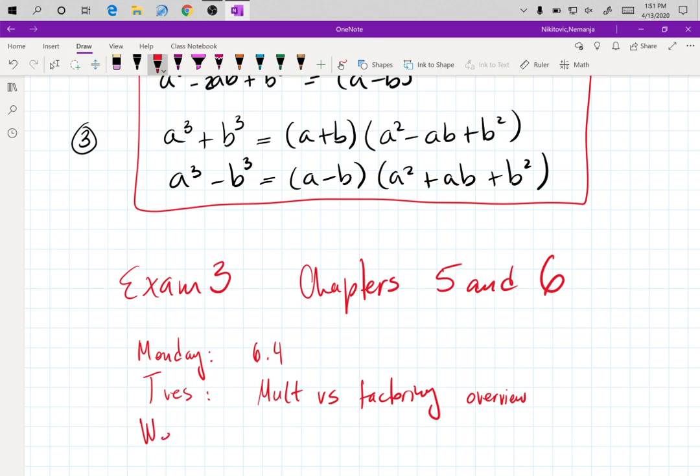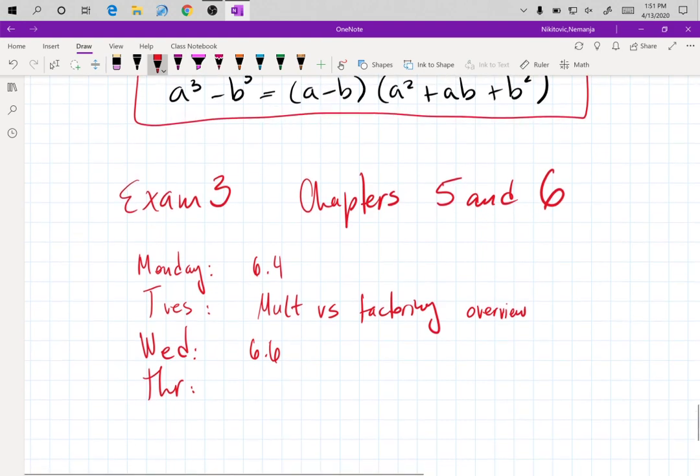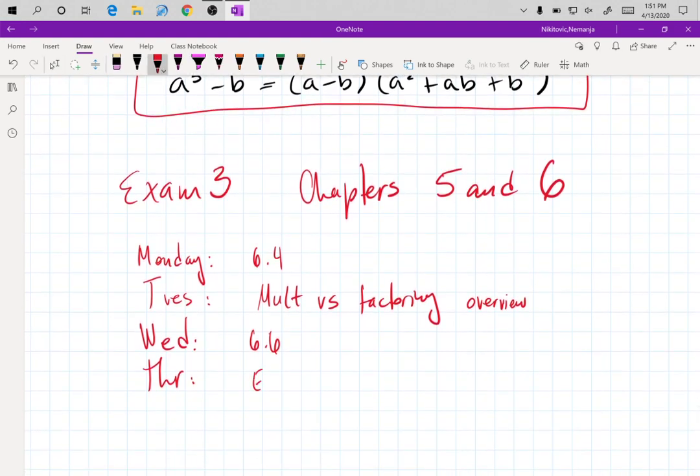Then Wednesday, we're going to learn 6.6. And on Thursday, we're going to have exam 3 review. And then exam 3 next week.